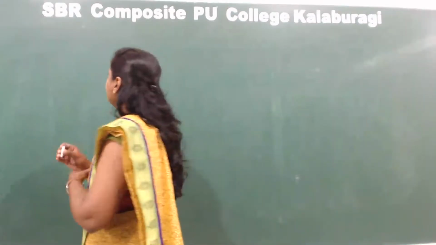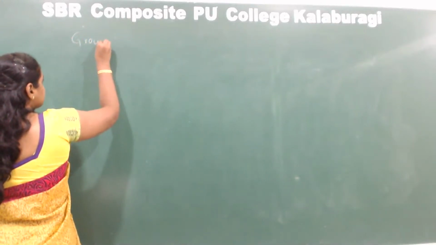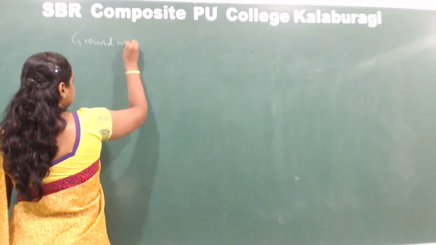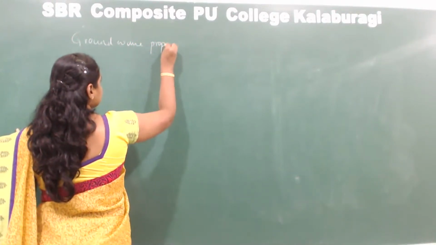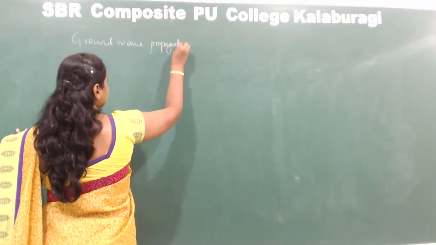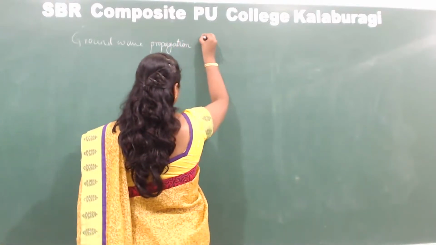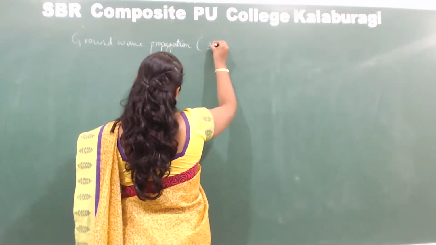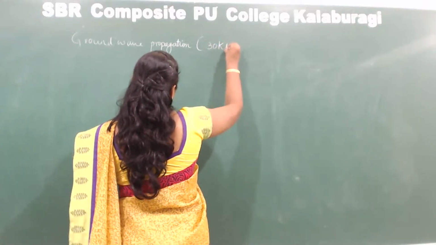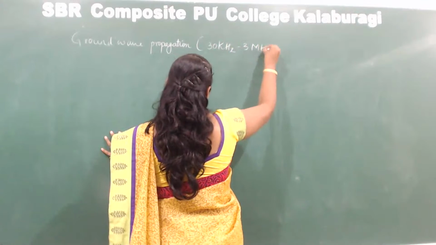So we will study the ground wave propagation. From 30 kilohertz to 3 megahertz.